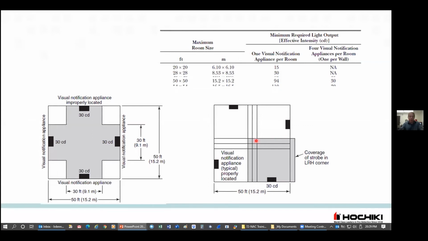So this box here represents the coverage of this strobe, and it's installed in the center of the wall of this imaginary smaller room. We do the same thing here and here and here. This would be the proper coverage. This sort of coverage would not comply with the requirements.